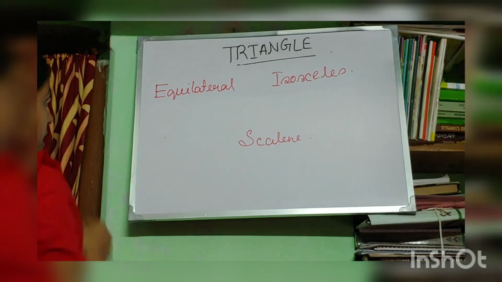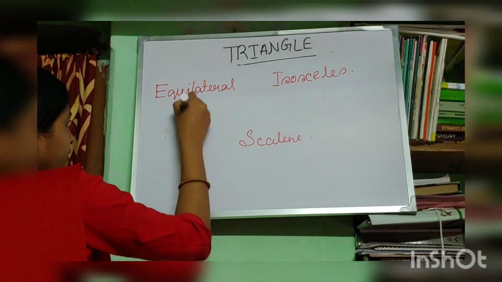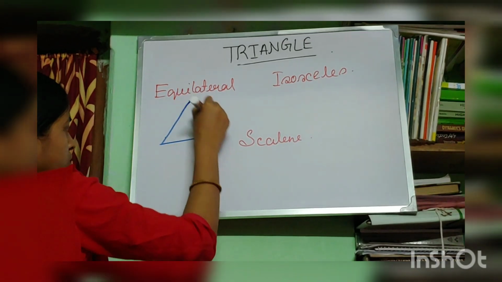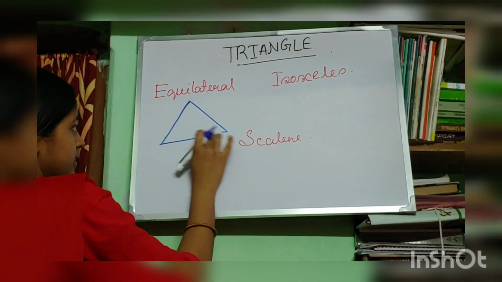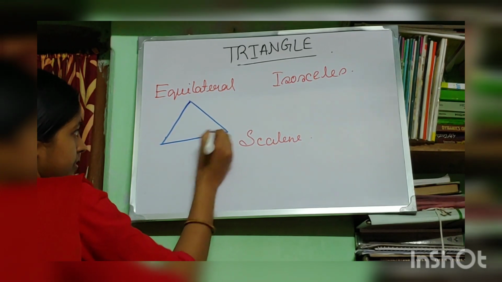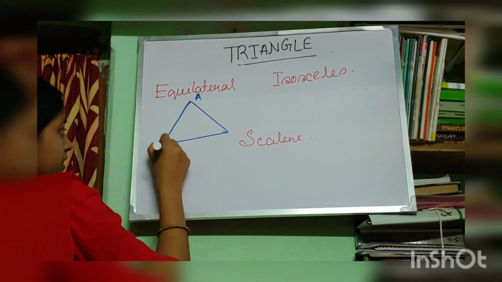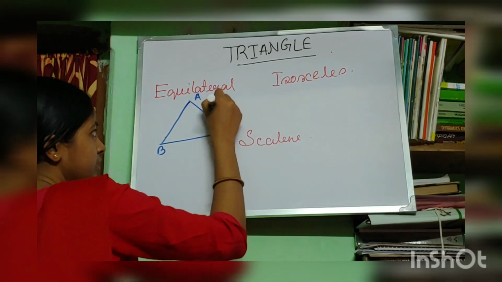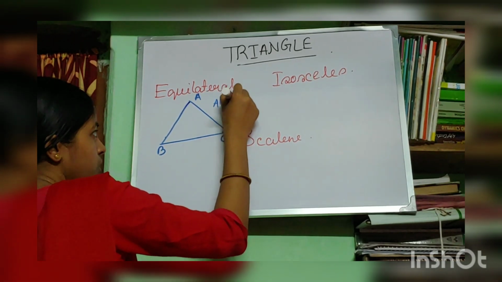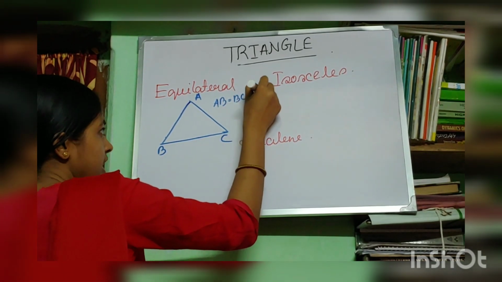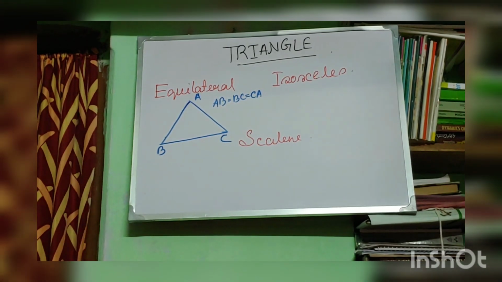So what is an equilateral triangle? A triangle whose 3 sides are equal. That is an equilateral triangle. That means AB equals BC equals CA.